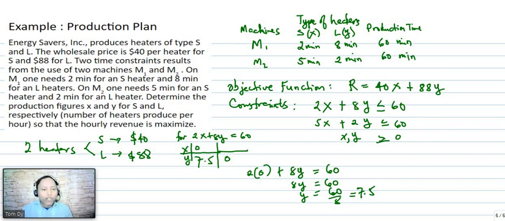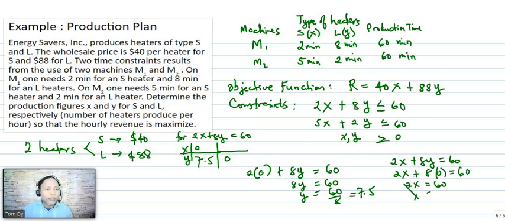This time, we assume the value of y as 0. When we assume y as 0, we substitute it into our equation 2x plus 8y equals 60. So 2x plus 8 times 0 equals 60, and 8 times 0 is 0. So 2x is equal to 60. Okay, I will rewrite it again.